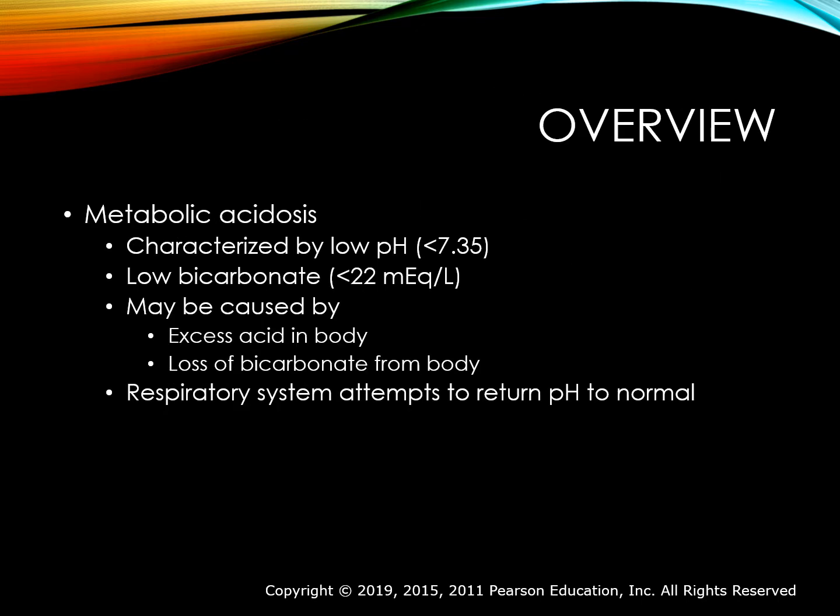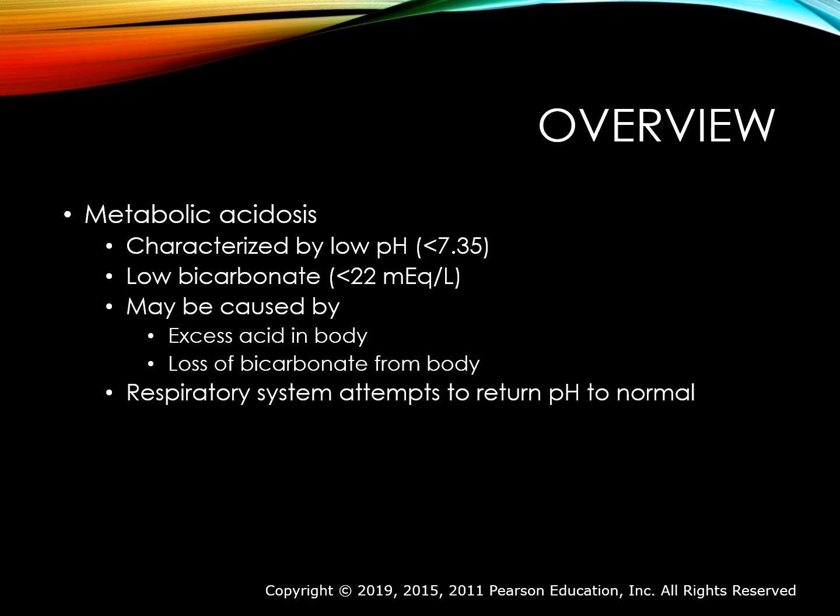So what's our overview? Metabolic acidosis, which is a bicarbonate deficit, is characterized by a low pH, less than 7.35, and a low bicarbonate, less than 24 milliequivalents per liter. It may be caused by excess acid in the body or loss of bicarbonate from the body, and we'll talk about the reasons for that.